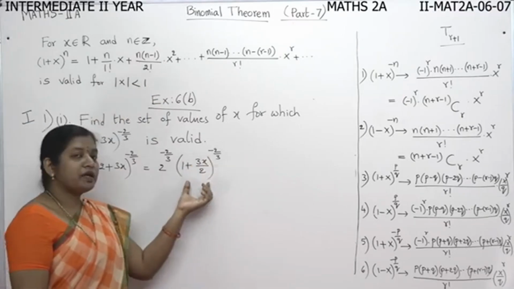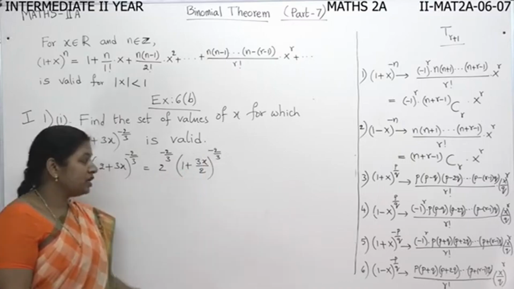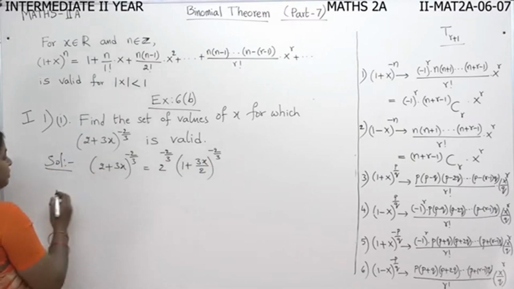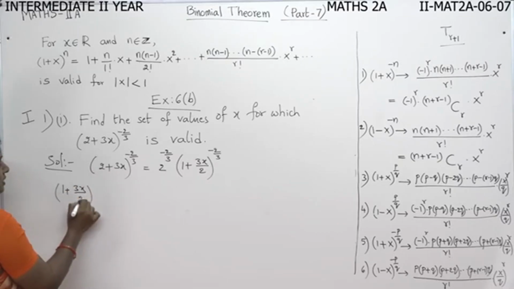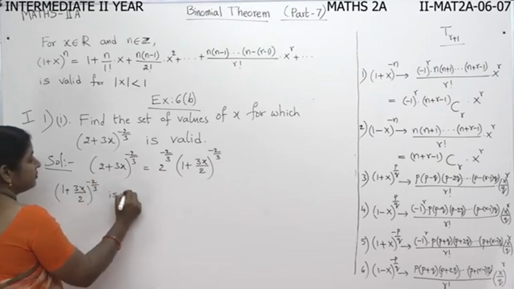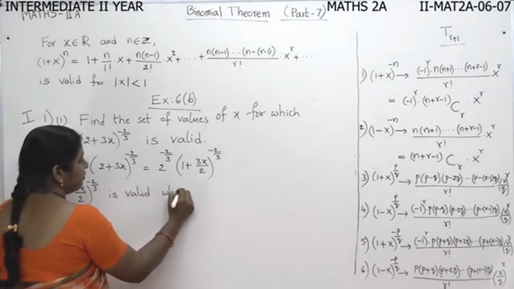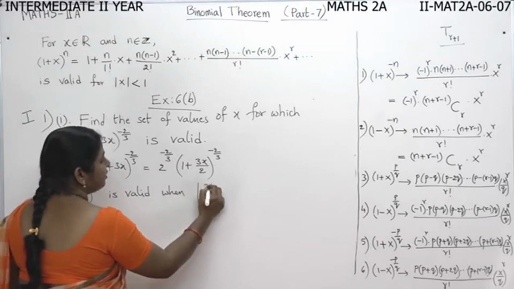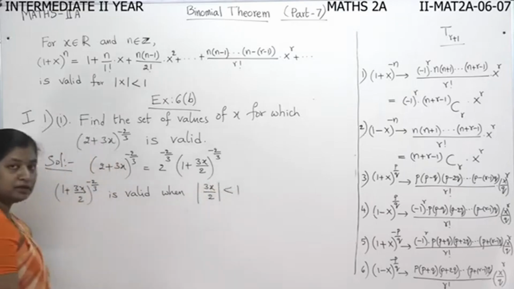Only when the modulus of x is less than 1 is the series valid. So the series 1 plus 3x by 2 to the power of minus 2 by 3 is valid when mod 3x by 2 is less than 1.